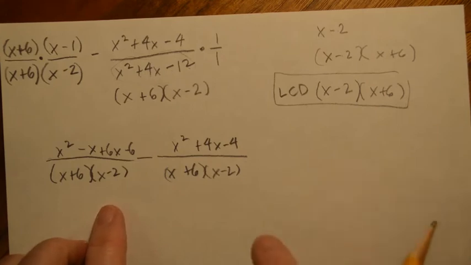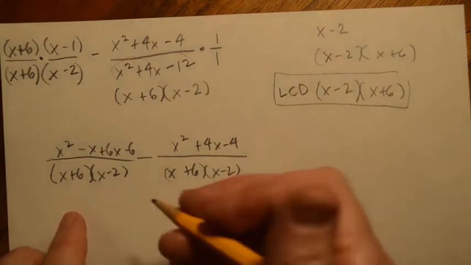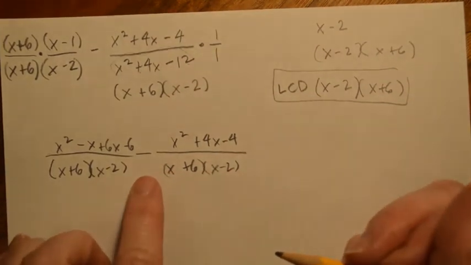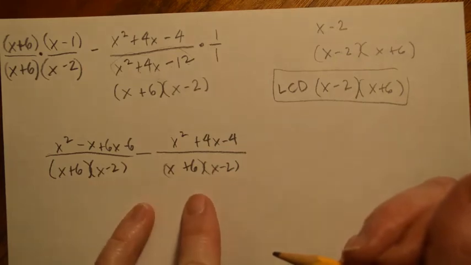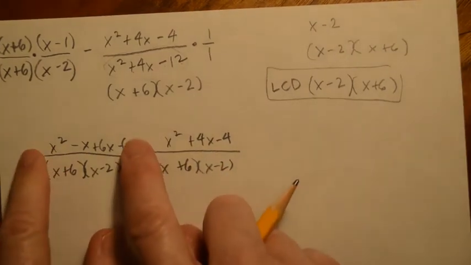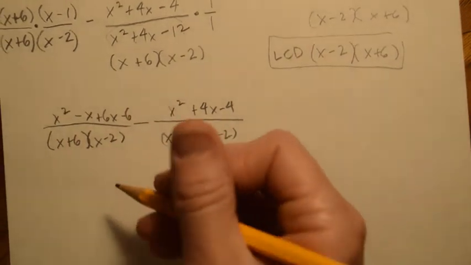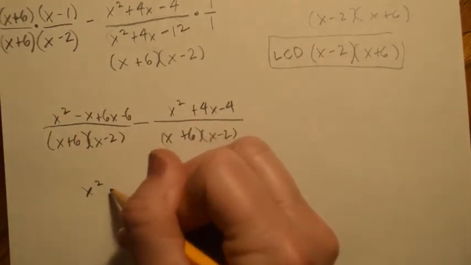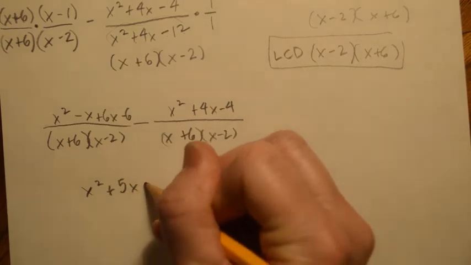All right, now I'm going to do two things when I do my next step. I'm going to combine this into a single fraction, so a single denominator, and then I'm also going to combine like terms here. So we end up with x squared plus 5x minus 6.